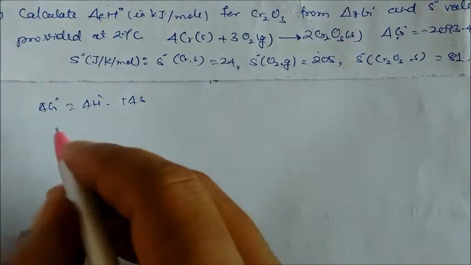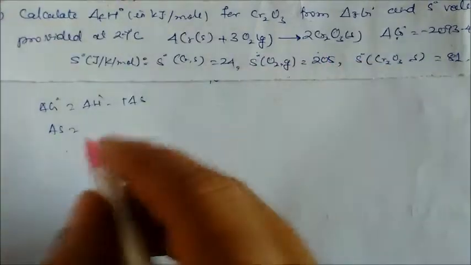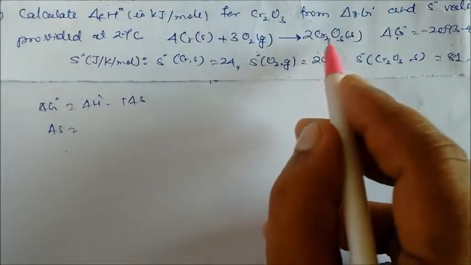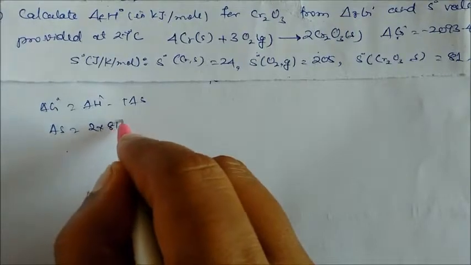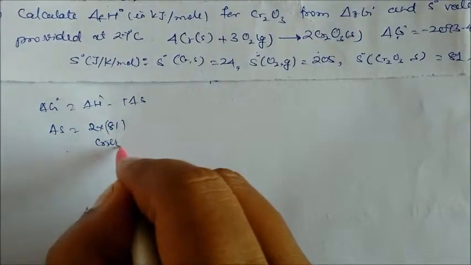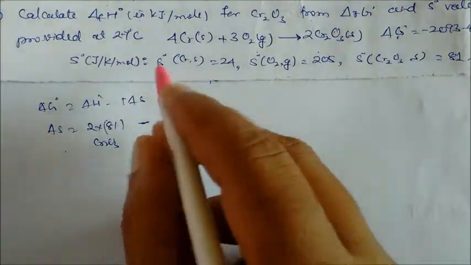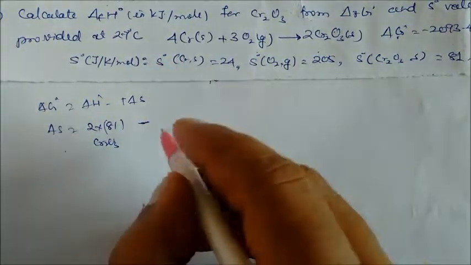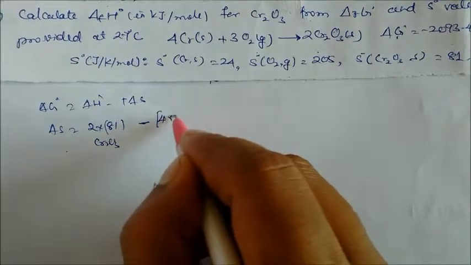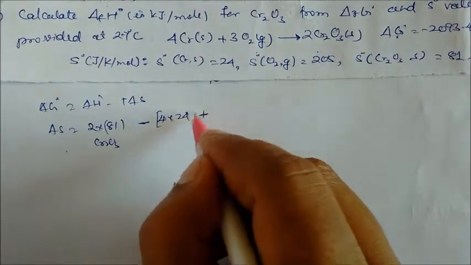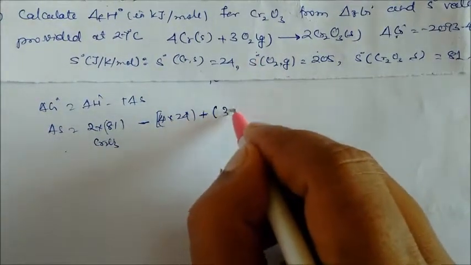So here, delta S is how much? Delta S for this reaction is product minus reactant. Here the product is Cr2O3, so we can write 2 into 81 for the Cr2O3, and minus, chromium is 4. For chromium they have given the value 24, so write 4 into 24, and again plus oxygen, which is 3 into 205.